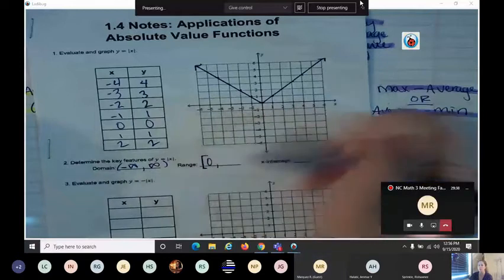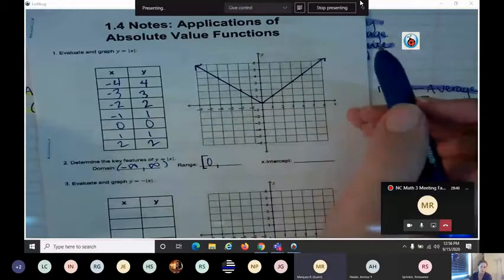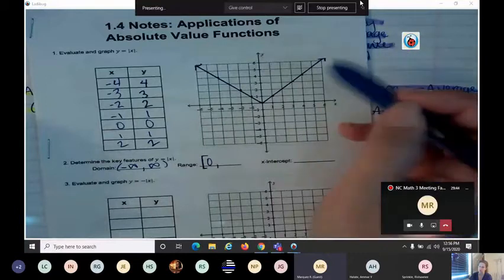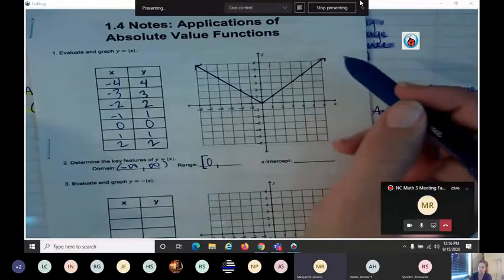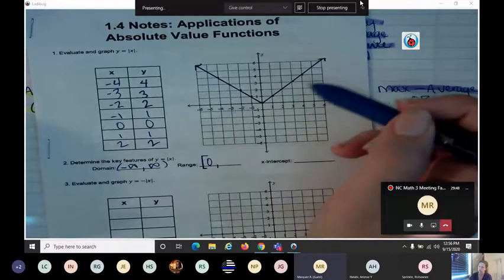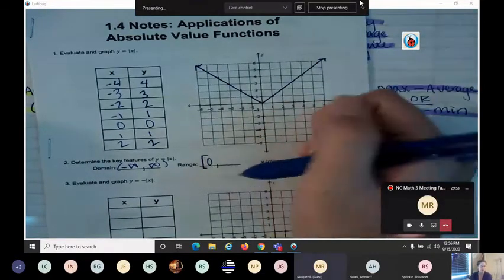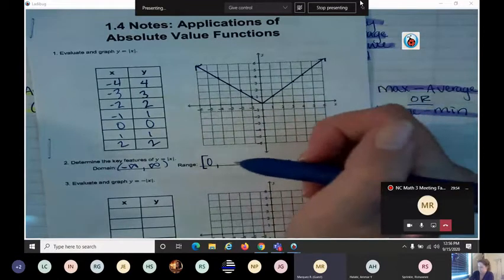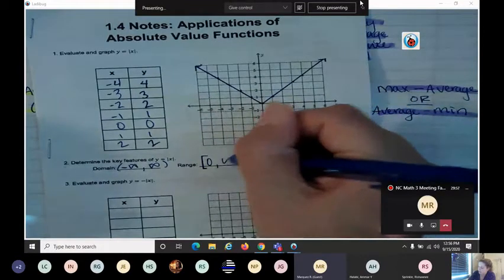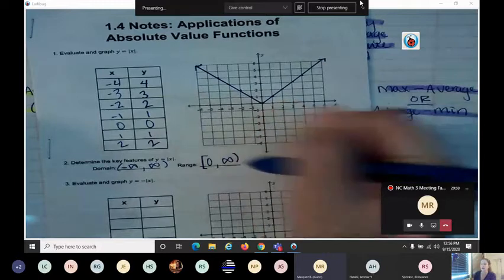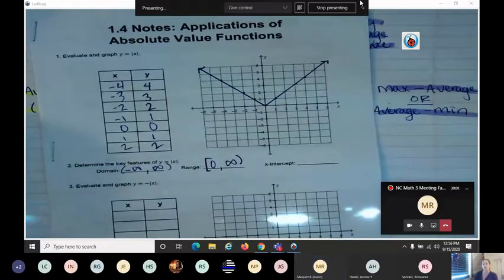And then how far up can we go? Does it ever stop? No, it keeps going. Right. So what should I put here to indicate that it goes on forever? A positive infinity. Perfect. And I use a round bracket with that. Excellent. Thank you very much, Marquez.